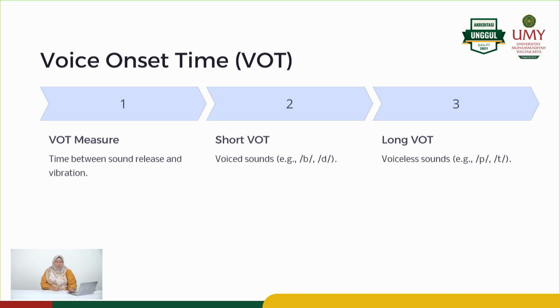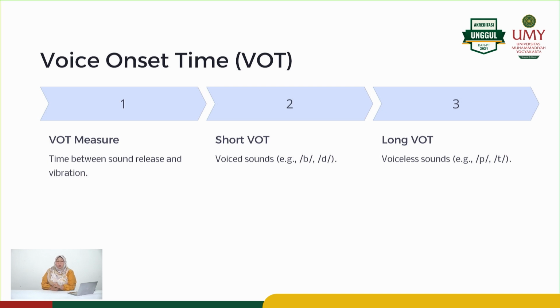Now let's take a look at voice onset time, or VOT, which helps distinguish sounds. VOT, or voice onset time, is how long it takes for your vocal cords to start vibrating after releasing a sound. If you say "bat" and "pat," you'll notice that your vocal cords vibrate earlier for b than for p.